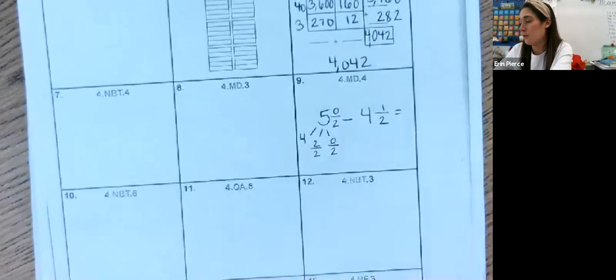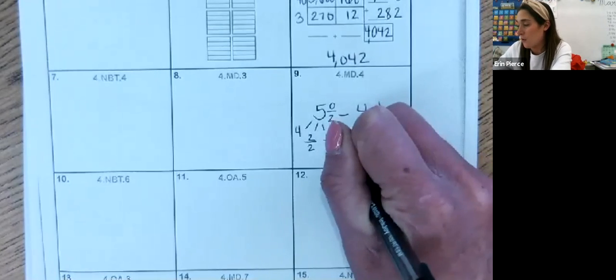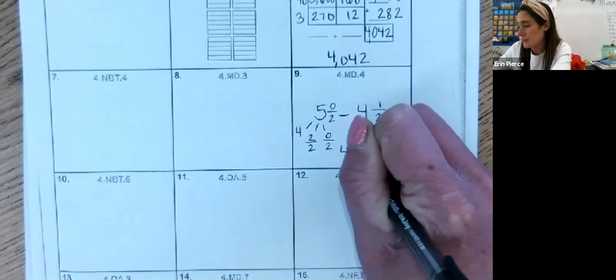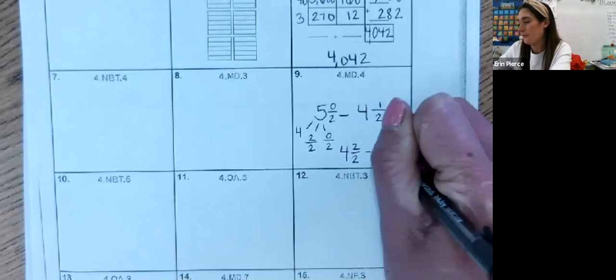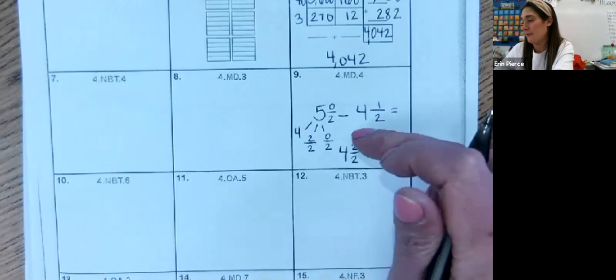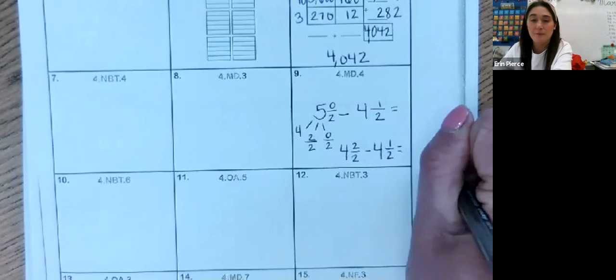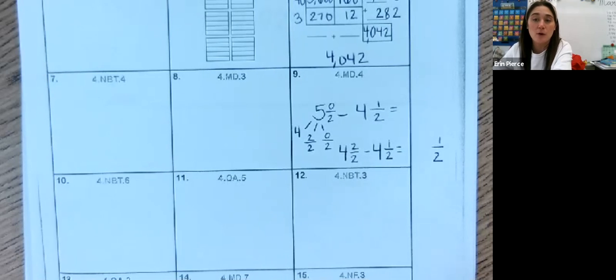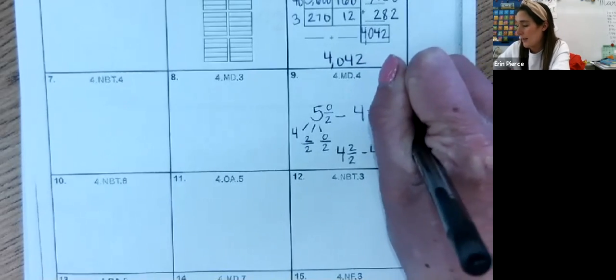And then I'm going to keep 4 and 1/2 the same. So now my expression will read 4 and 2 halves minus 4 and 1/2. I'm first going to do 2 halves minus 1/2, and I get 1/2. And 4 minus 4 is 0. So really, my answer is 1/2.